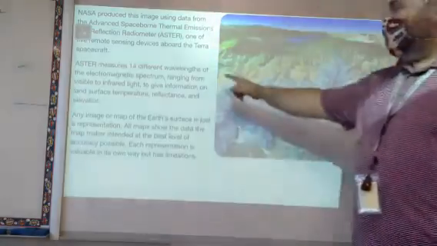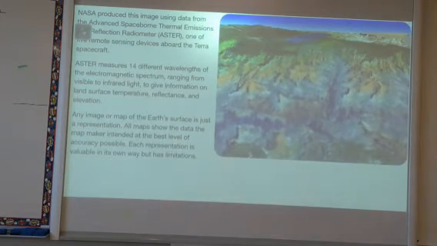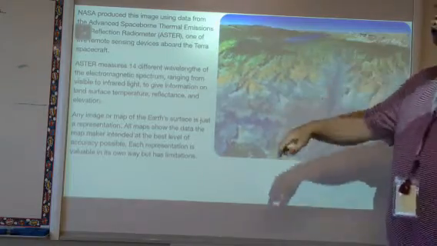It measures 14 different wavelengths of the electromagnetic spectrum ranging from visible to infrared light. And it gives us information on the land surface temperature, reflectance, how much light is being reflected by the land, and the elevation, the mountainousness.